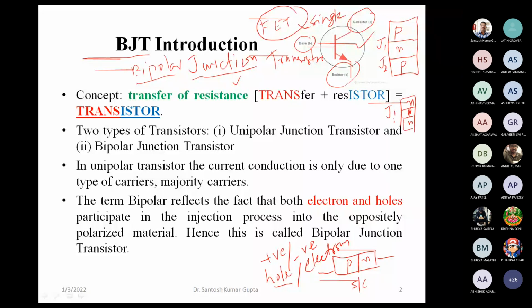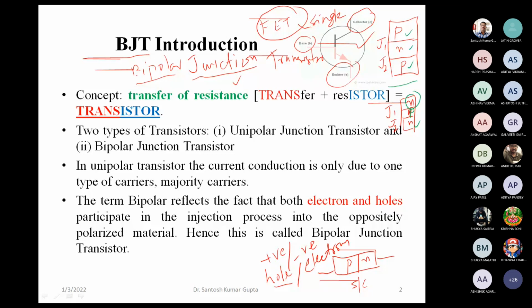There are only two possibilities here. Either we start with P, then N material, and then P again, or we start with N, then P material, and then N material. Only these two configurations are possible: either PNP or NPN.